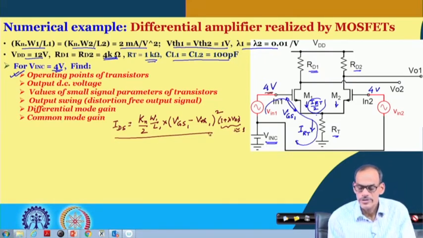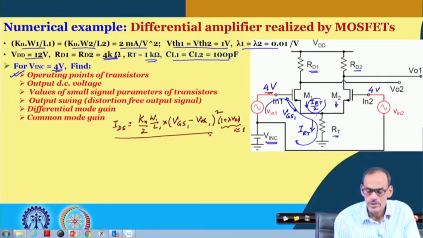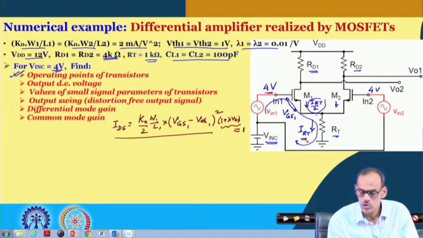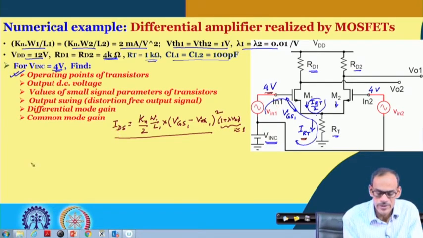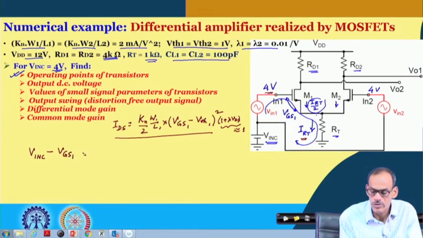So, here we do have the second order equation, and also the current flow here is 2 times of IDS. So, we can say that Vin C minus VGS, whether you call VGS 1 or VGS 2, is equal to 2 IDS times RT. And the expression of IDS is given here.